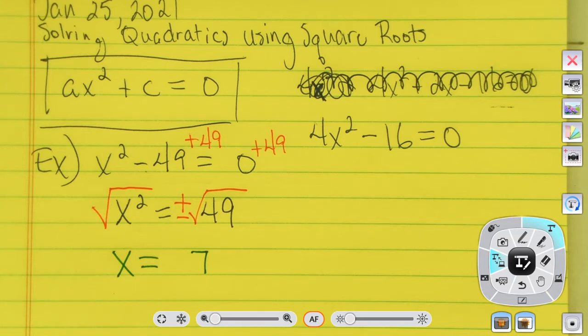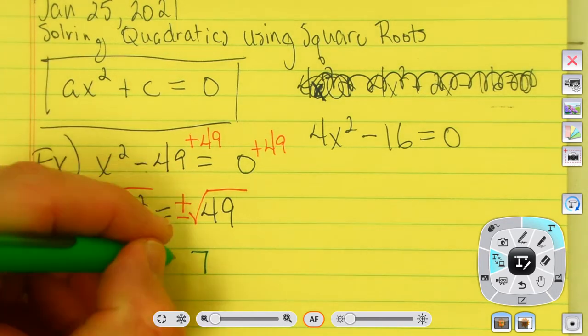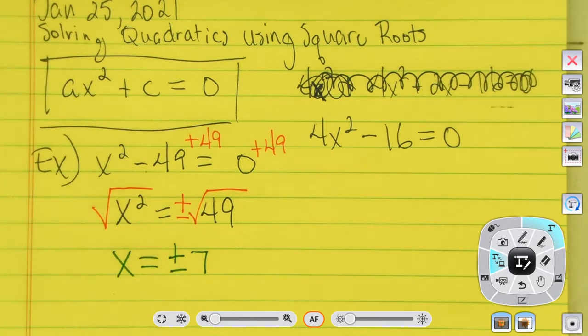Because a negative 7 times another negative 7 is positive 49. See, there are two answers there. We know that 7 times 7 is 49, but a negative 7 times another negative 7 is also 49. So I have to include both possibilities.